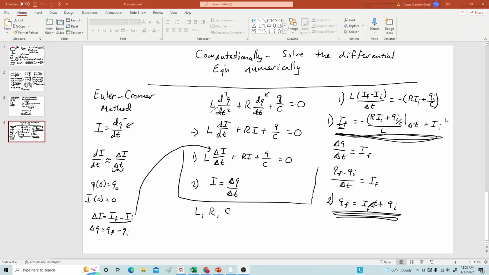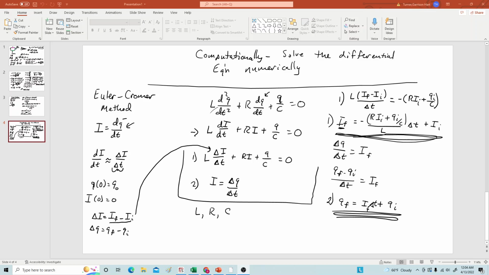So first things first, recap, right? So we have the algorithm to calculate the final current in terms of the resistance, the initial current, the initial charge, the capacitance, the inductance, our time interval, and our initial current.